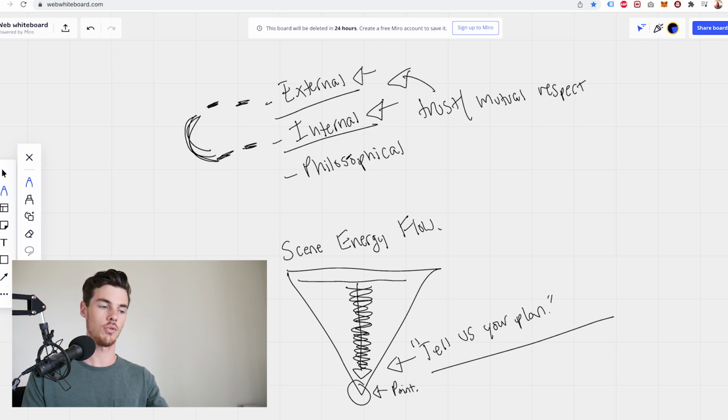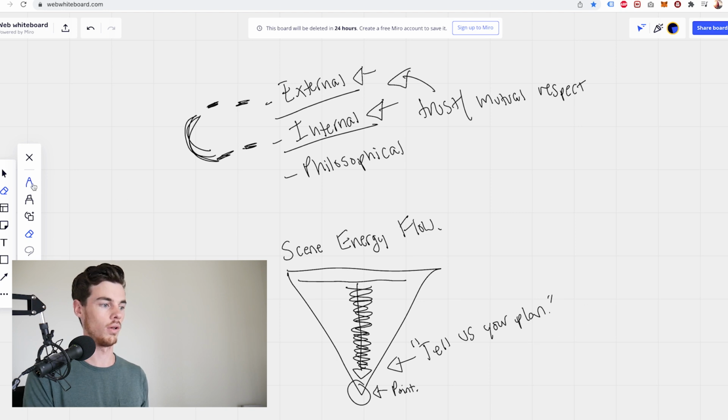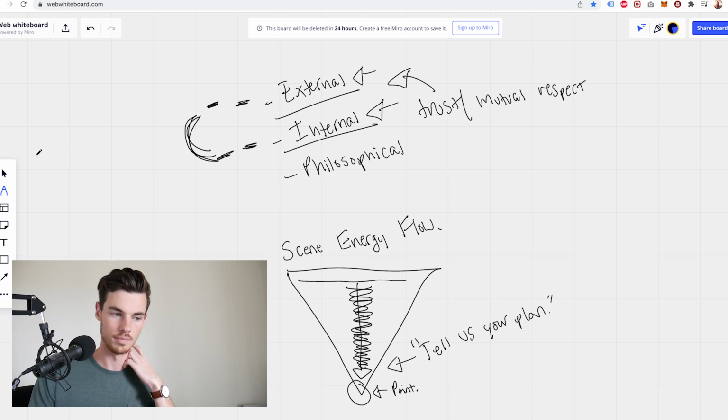And that's really what happens with a lot of scenes that don't work, is that characters talk about nothing and there's no final point, right? The characters are always talking about one of these levels of conflict, and there's a point to the scene. Tell us your plan. They're going to work together, right? So the beginning of the scene, that was Tommy's goal. He comes in and Alfie agrees, okay, we can work together, right?